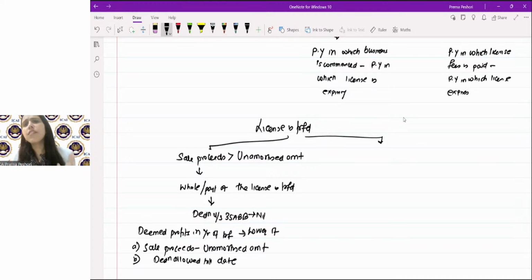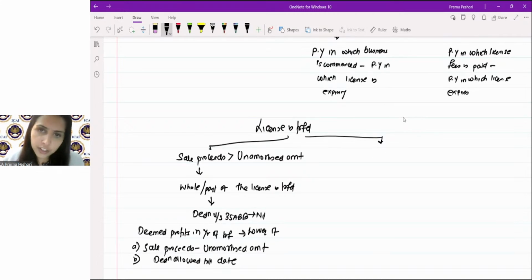Similar to the terminal depreciation we did for scientific research, in the same way, if the license is transferred and the sale proceeds are greater than the unamortized amount, there will be deemed profits in the year of transfer, which will be the lower of the sale proceeds minus unamortized amount and the deduction allowed till date.